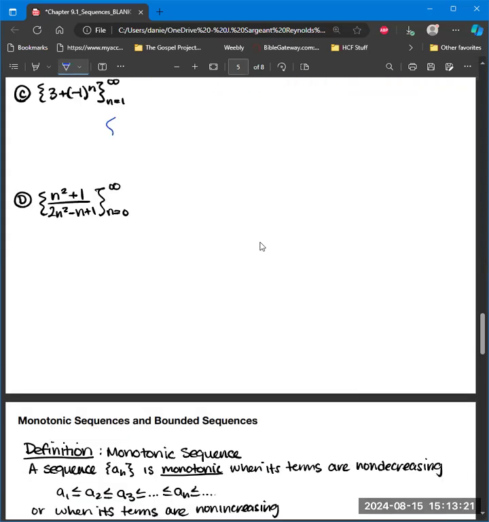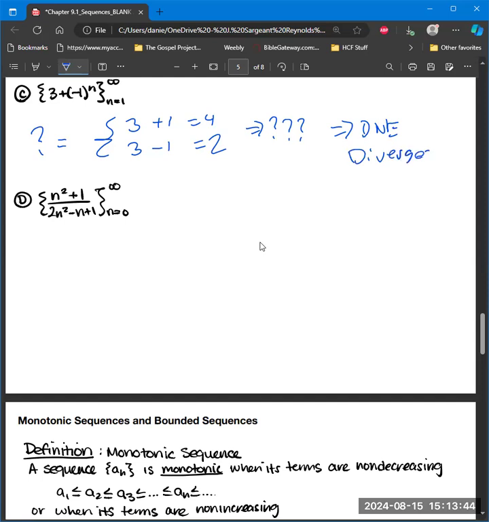So this could be 3 plus 1 or 3 minus 1. And so we just don't know what's going on here. So the limit does not exist and the sequence diverges. There is no one answer for what happens out there at infinity.